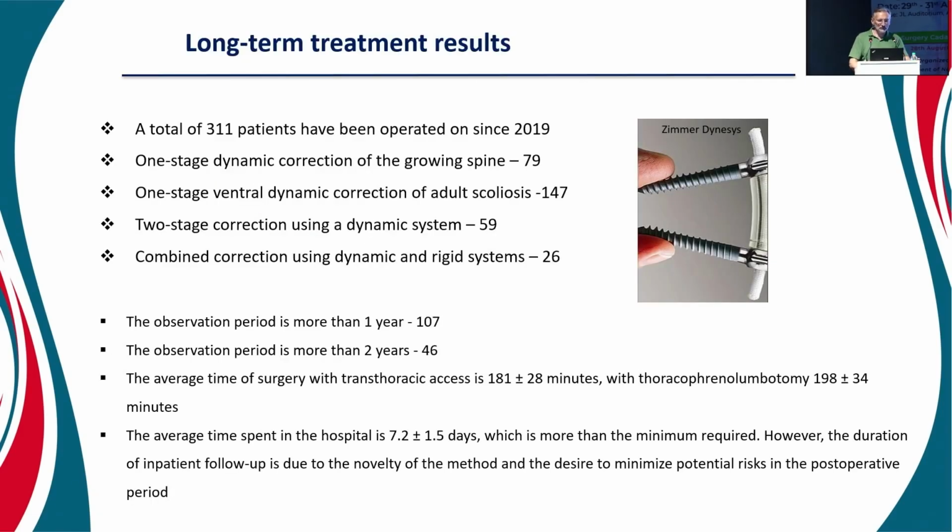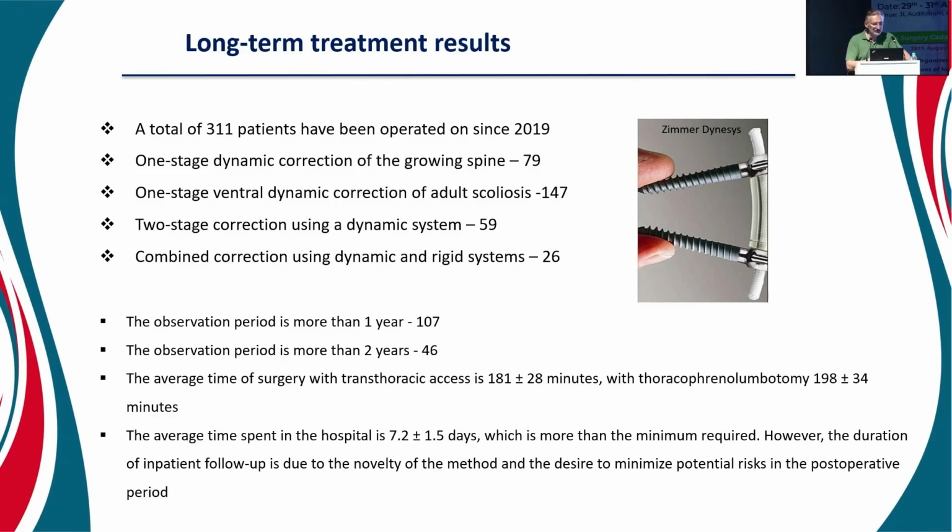I began doing dynamic correction in 2019. And now the first 300 patients were operated on with the Dynesis system, a Zimmer company product, and we have long-term results from 311 patients.